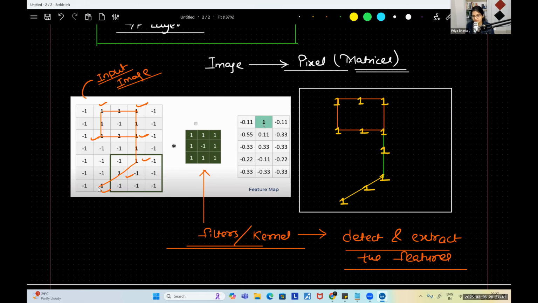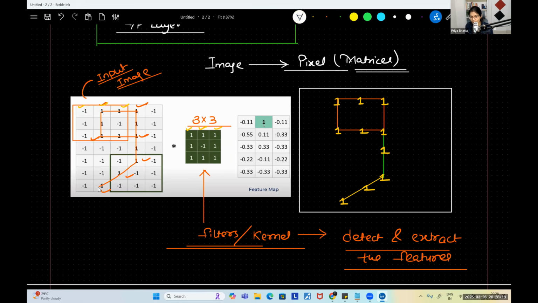In this 3x3 filter, math will be applied, where this complete filter is put over the very first 3x3 cell. How is the math applied? This -1 is multiplied with this 1, then this one with this one, then this one with this one. In this way, every number in the input image is multiplied with the kernel value and a complete addition is done.